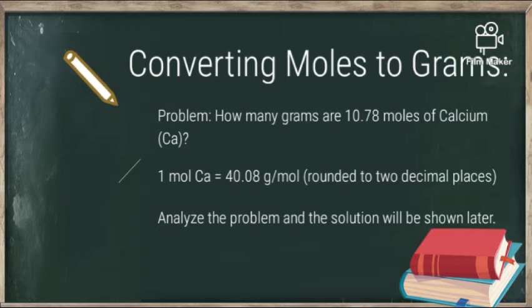We also know that our given is 10.78 moles of calcium. So we just have to multiply the given by the conversion factor. It depends on the situation, of course. If you want to solve it on your own, please pause the video.